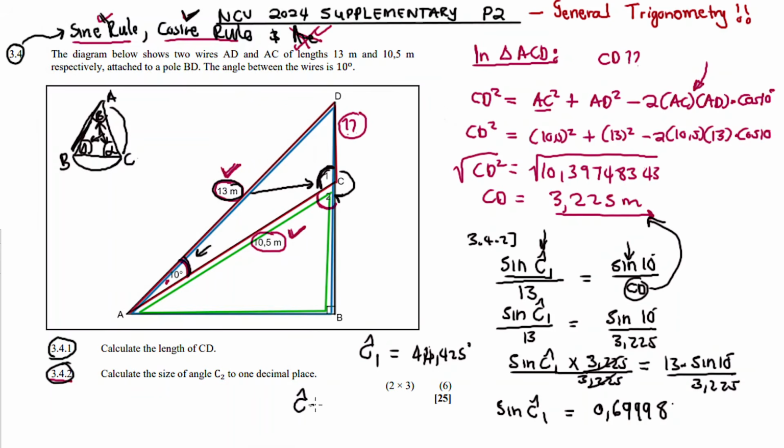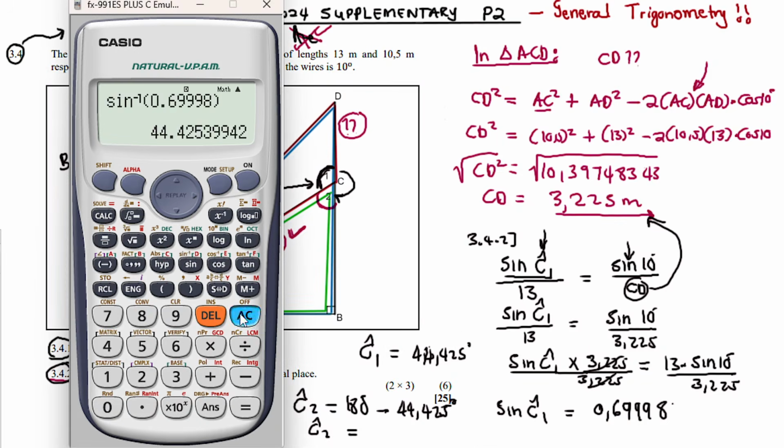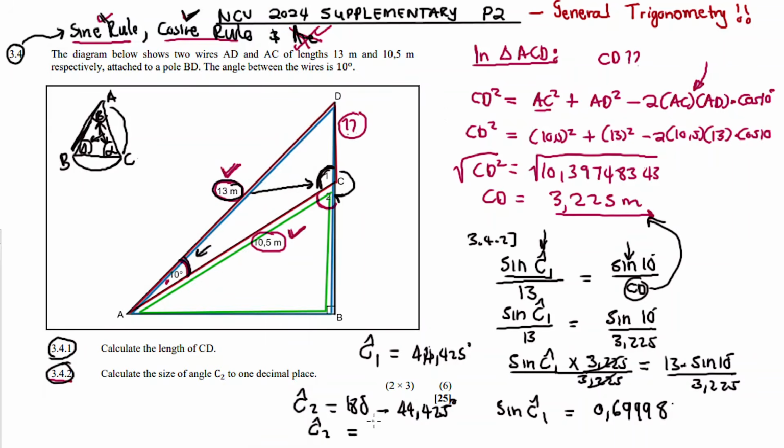Then our C2 is going to be equivalent to 180 minus the 44.425 degrees, angles on a straight line. So C2 is going to be 180 minus 44.425. This is equal to 135.575, is it? Yes, 575.